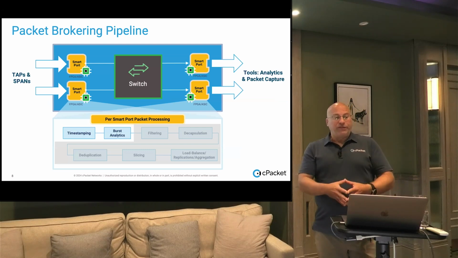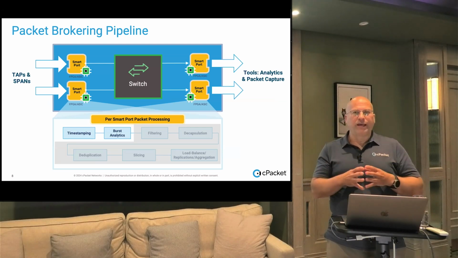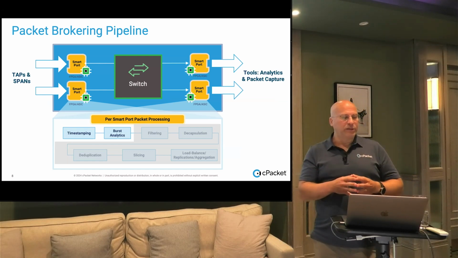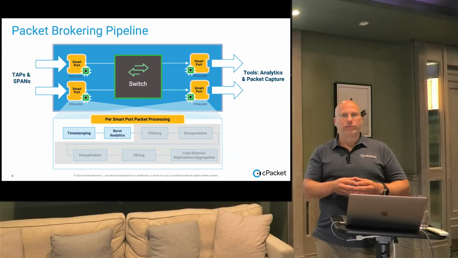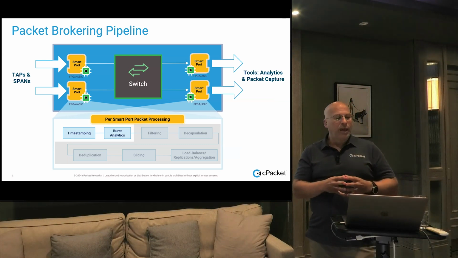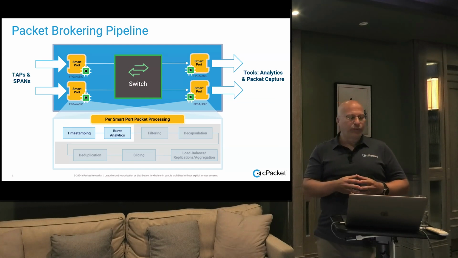The way we achieve that is essentially by creating a packet brokering that is quite unique. So the architecture that cPacket uses implies that every single port in our packet brokering devices, the CVU-NG, has a dedicated ASIC and FPGA for the port.